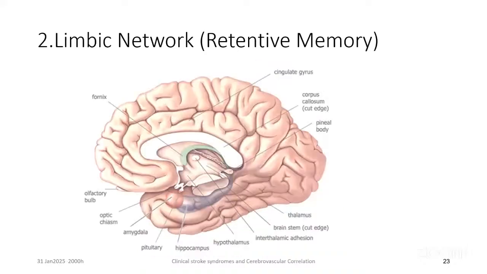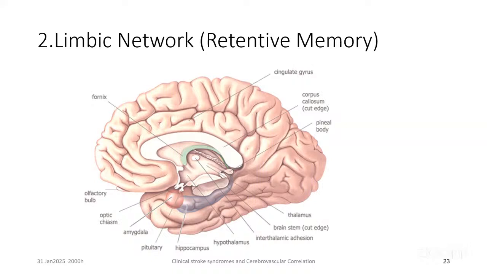This is the perisylvian network, and this is the limbic network, which is important for the retentive memory. You can see the amygdala, and from here you will start hippocampus, and it goes into the posterior part, and then via the fornix, it comes anteriorly into the hypothalamus. So this particular area is very important for memory, that is, recent memory.